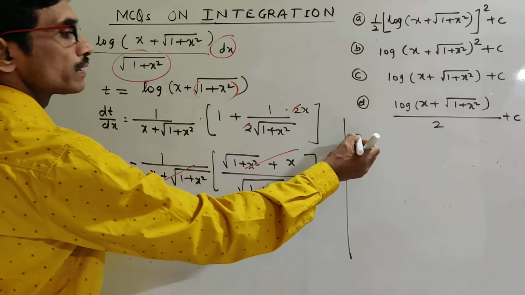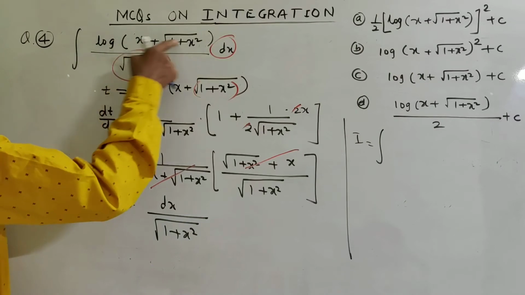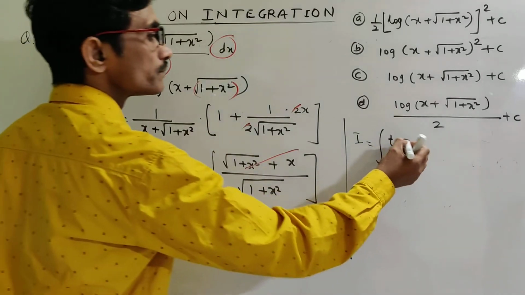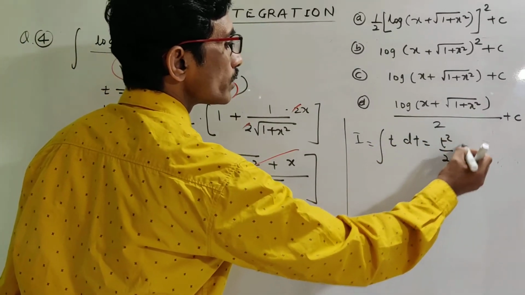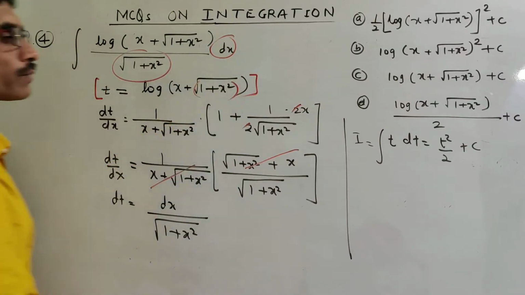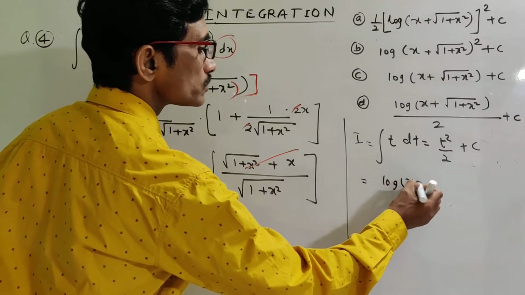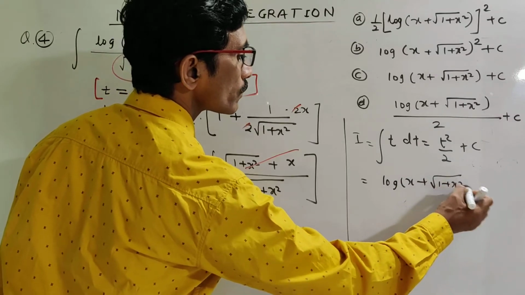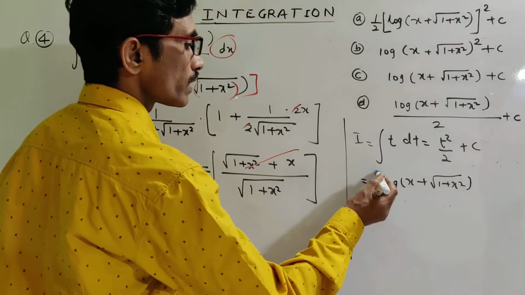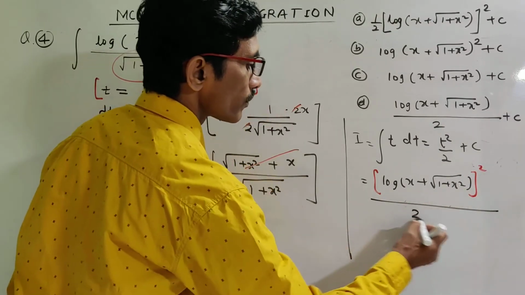So the integral I is equal to, log of x plus root of 1 plus x square is t, and dx upon this is dt. So that is t square upon 2 plus c, and our t is this, so therefore it is log of x plus root of 1 plus x square, that is our t, and t square upon 2.